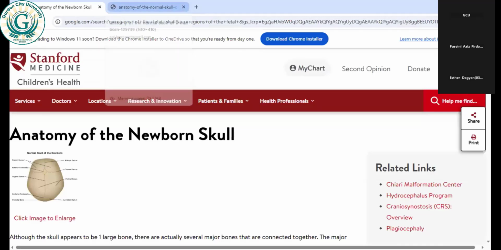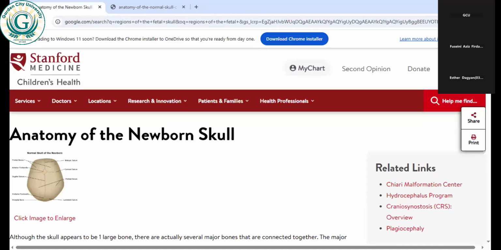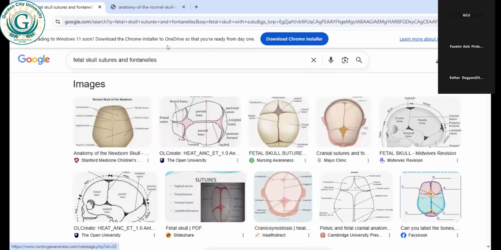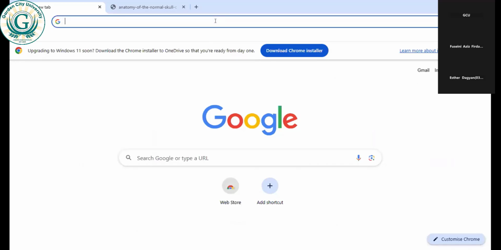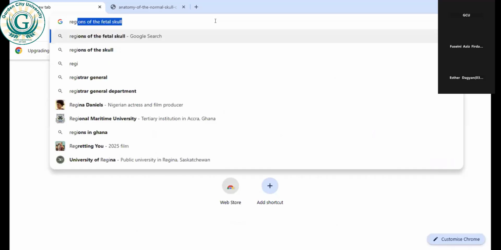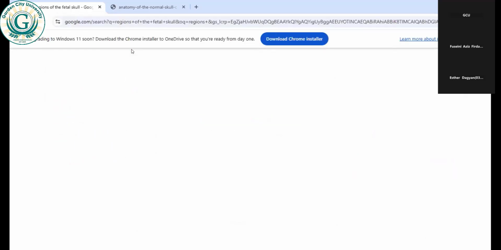Okay, thank you. So the occiput is part of the regions of the fetal skull. The occiput lies between the foramen magnum and the posterior fontanelle. And we said the posterior fontanelle is also called the lambda, and it is triangular in shape.